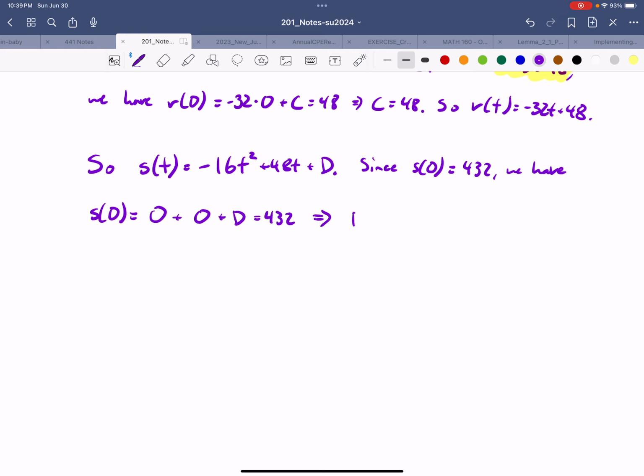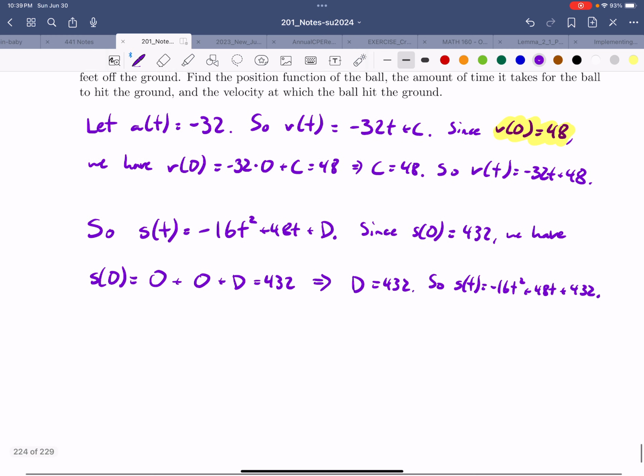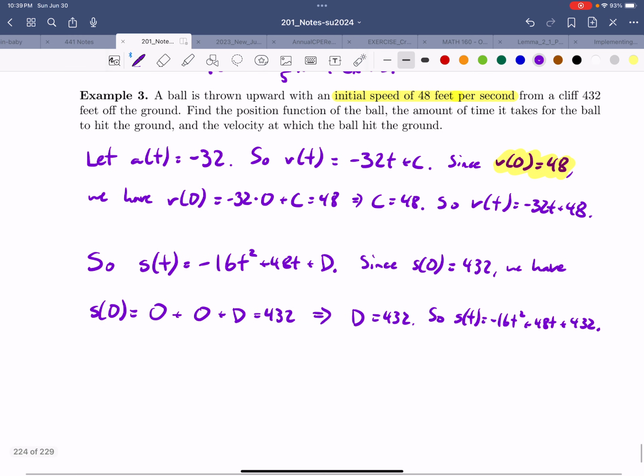And that implies that d equals 432. So s of t equals negative 16t squared plus 48t plus 432. All right, so we've got our position function of the ball.